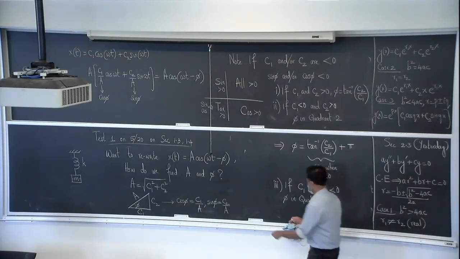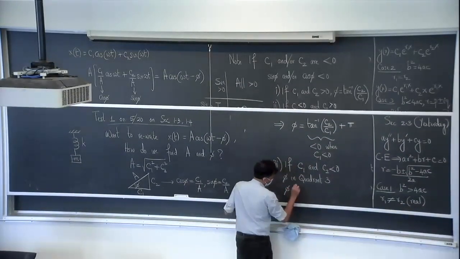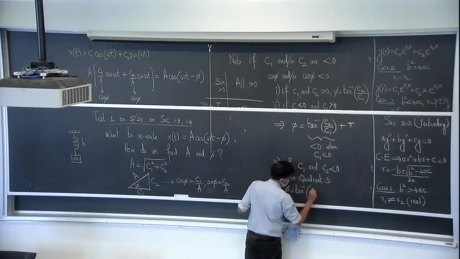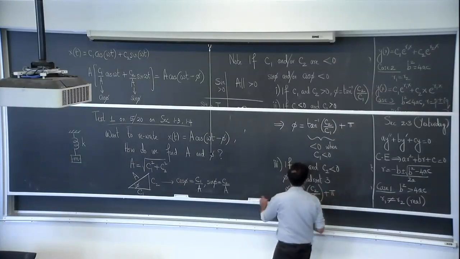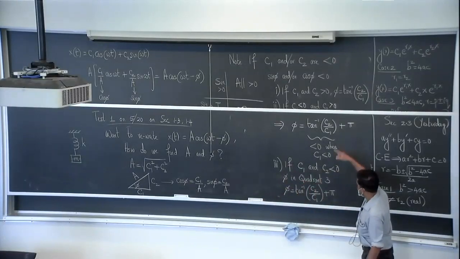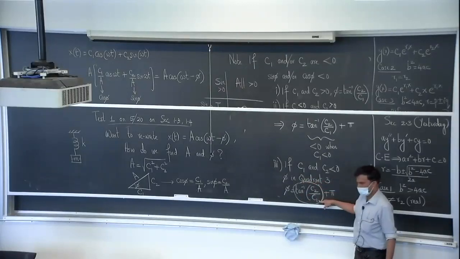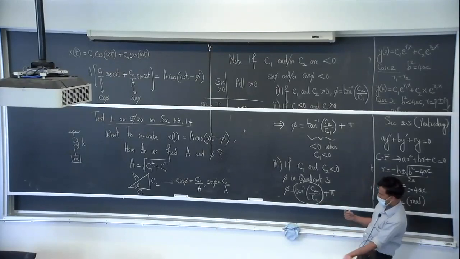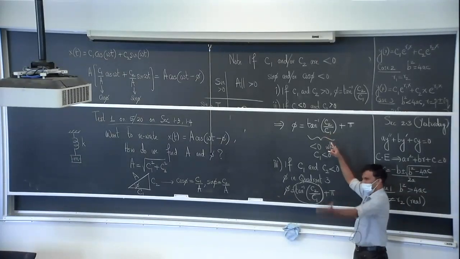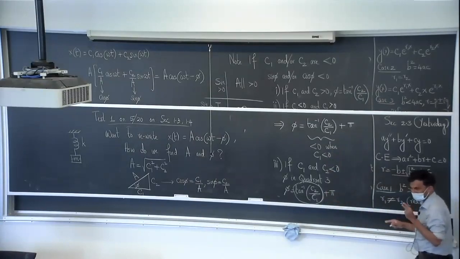So you don't need to change anything. Phi is tan inverse of C2 over C1 plus pi. What's the difference between these two? Here, this term is going to be positive because both C1 and C2 are negative. So you're adding a number to 3.14 in the third quadrant. This was negative, so you're in the second quadrant. So even if it looks the same, these are doing two different things.